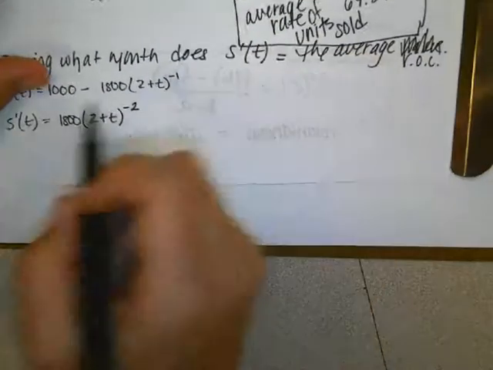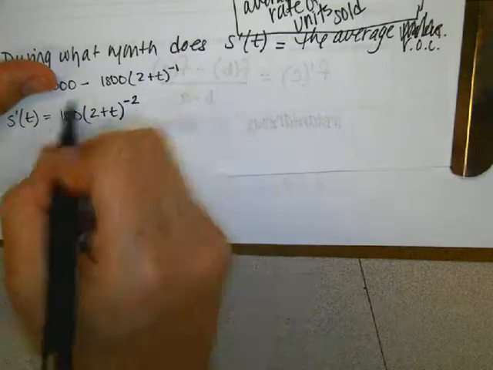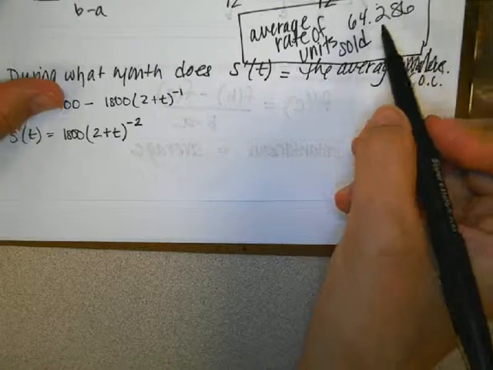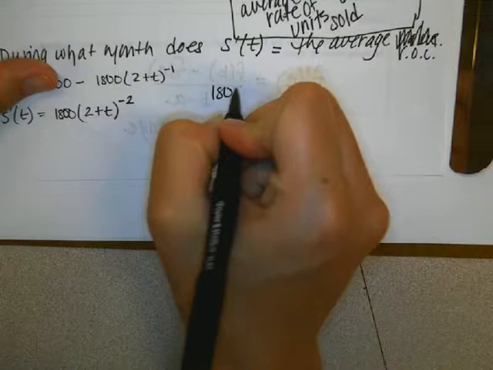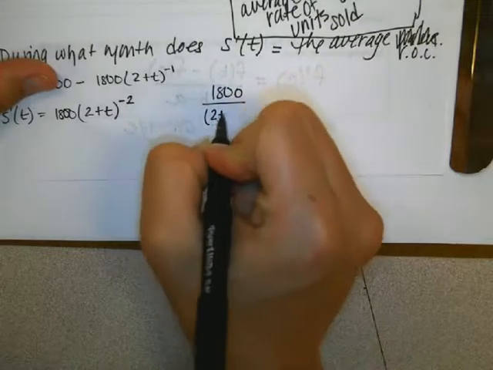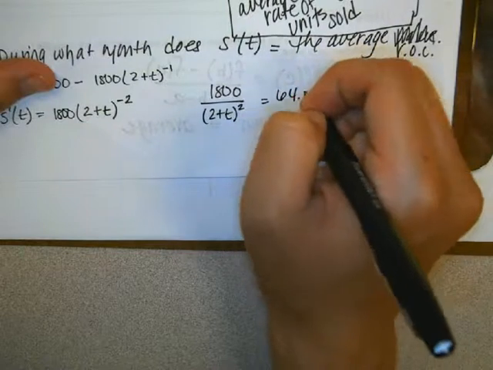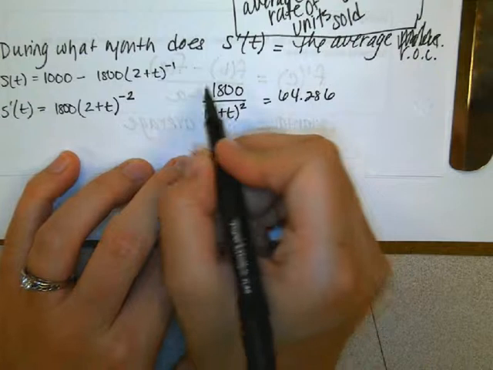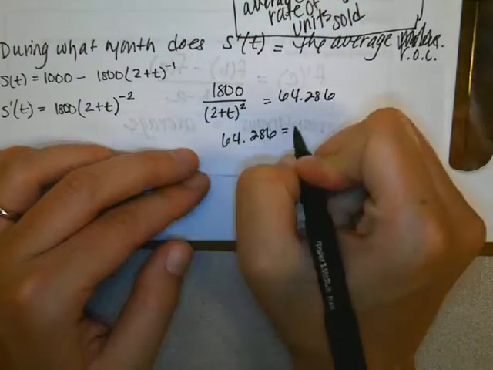Alright, so we're going to set S prime of t, so that expression, equal to 64.286, since that's my average, and solve from there. So we have 1,800 over 2 plus t squared equals 64.286. I'm going to go ahead and cross multiply here to get my t in the numerator.